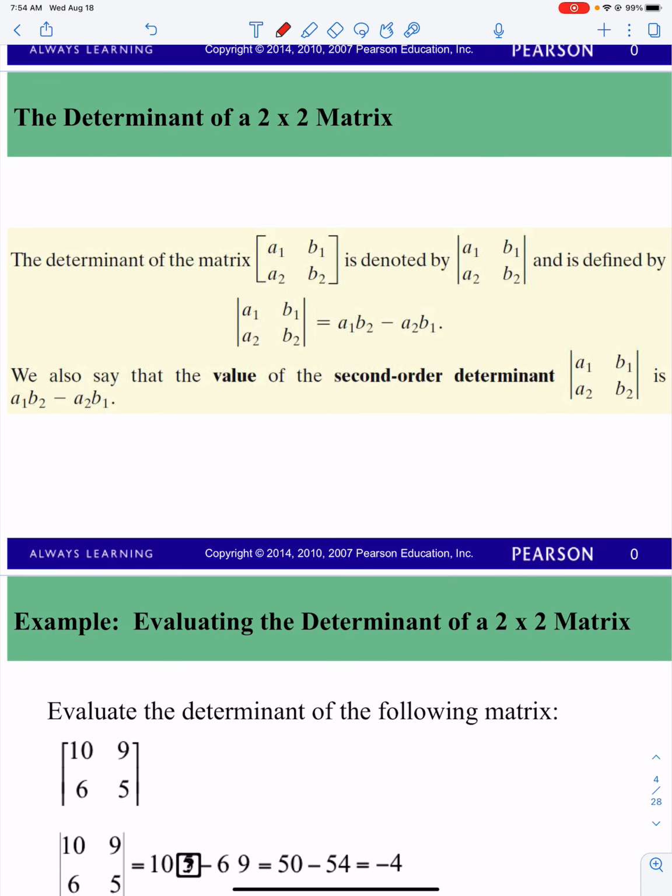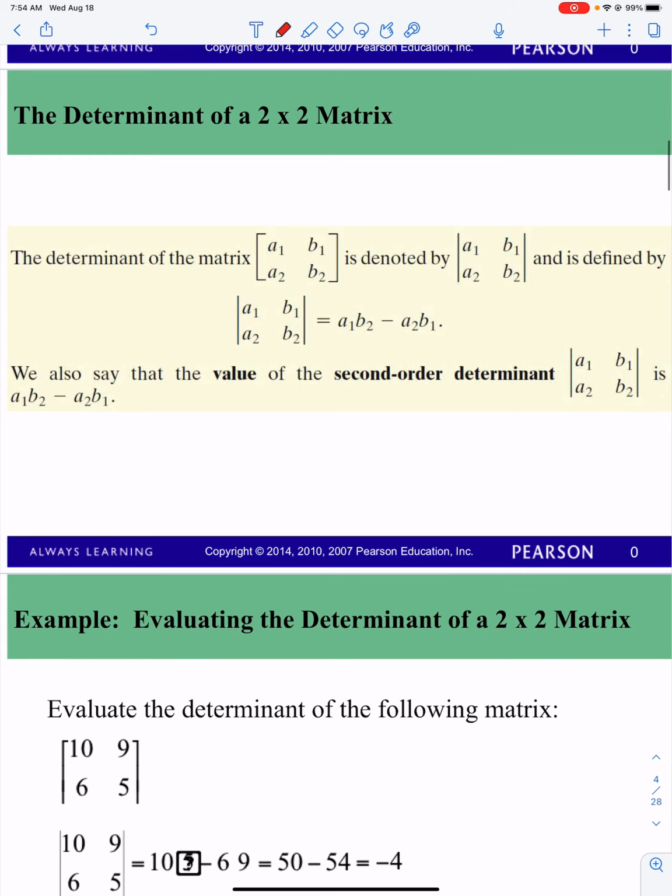Okay, so the determinant of a 2 by 2 matrix. When you have a bracket, what is that used for? For the matrix definition.